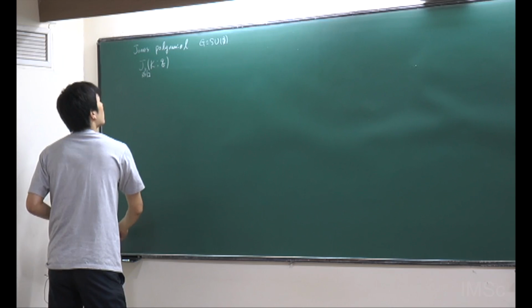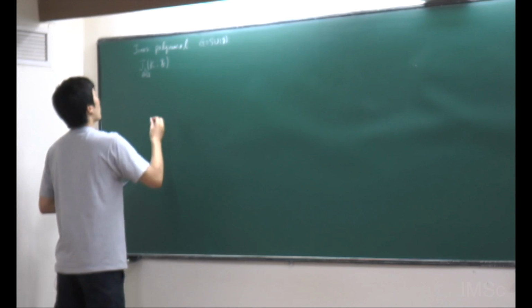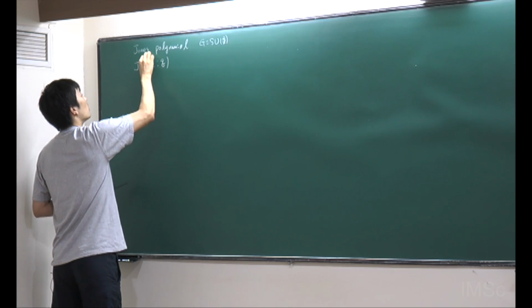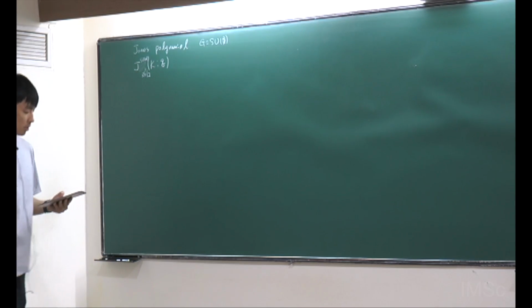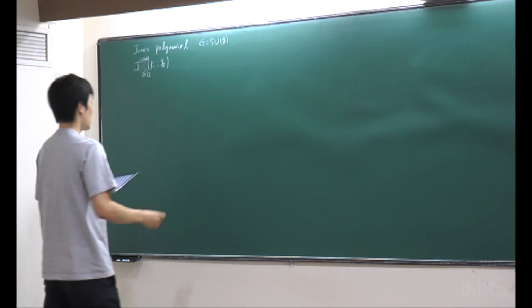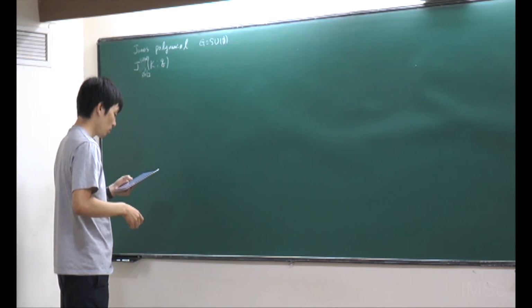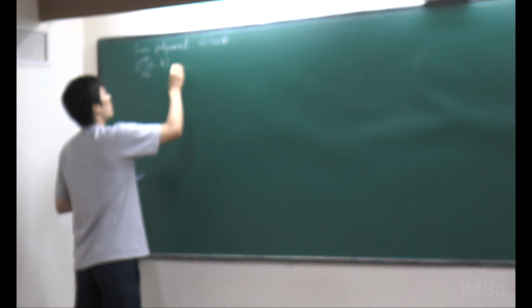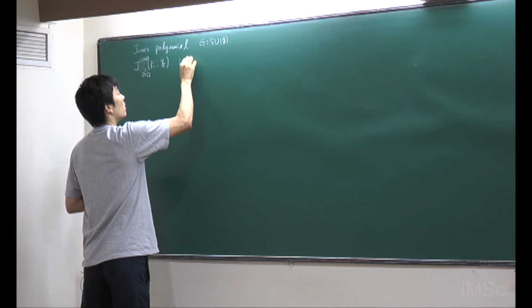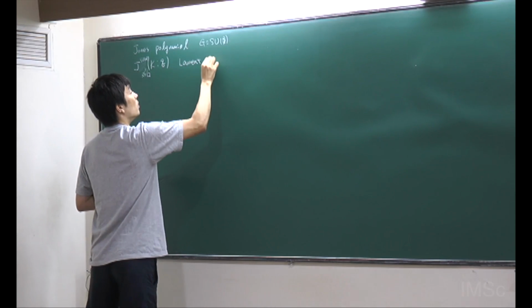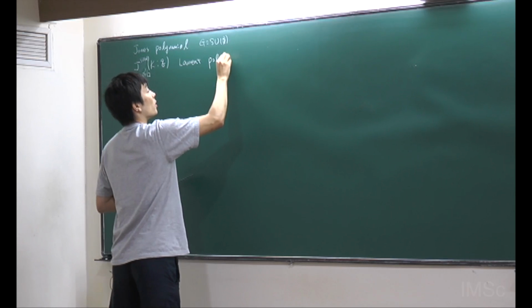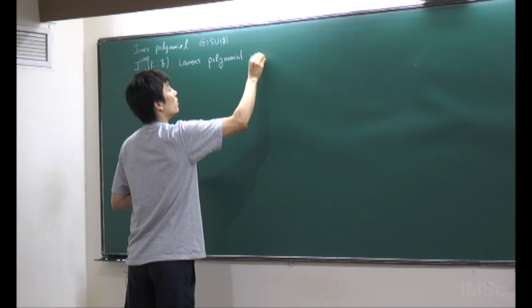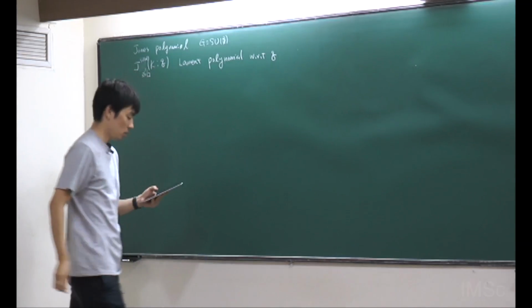So in general, one can talk about the SU(N) case. Today's focus is this one. And for instance, this is actually a Laurent polynomial with respect to the variable q.